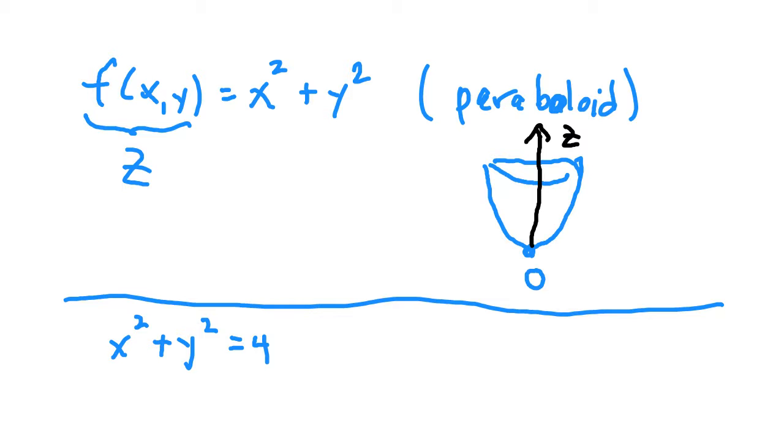Well, in 2 dimensions, this is a circle. But in 3 dimensions, a sphere would be if we had... hold on, what happened there? A cylinder, that's what we want.